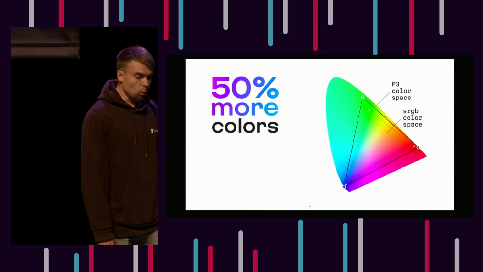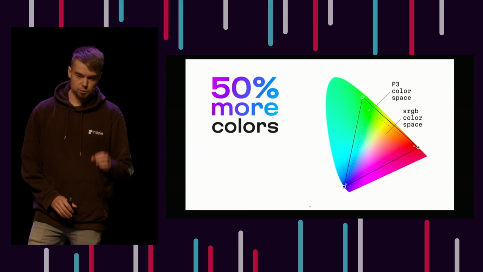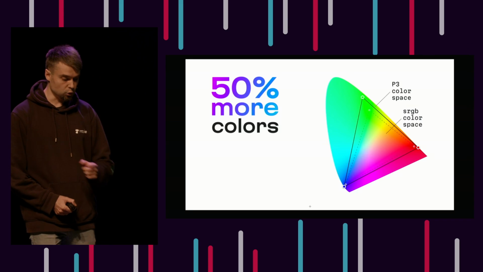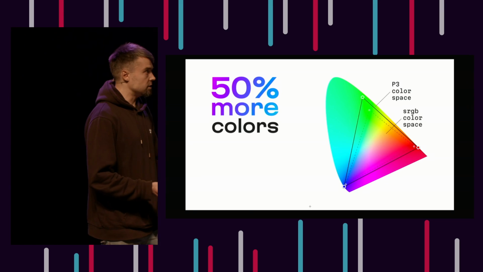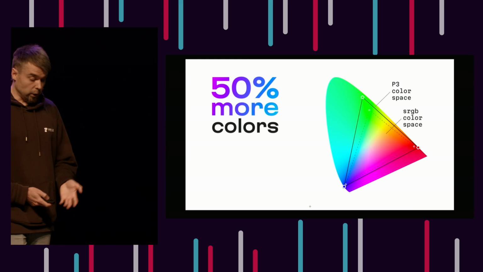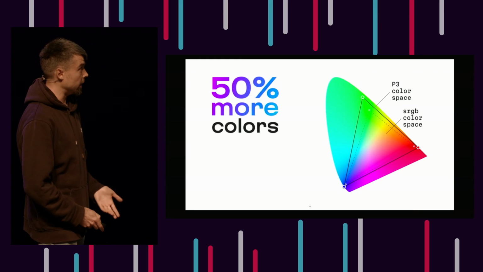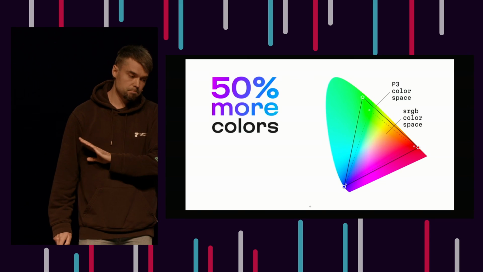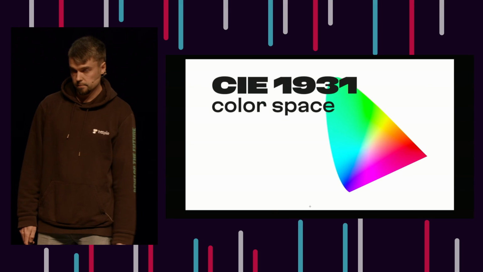The last thing that I wanted to talk about is the 50% more colors that I promised you if you switch to OKLCH today. Where do they come from and how is it even possible? Well, normally, without any conditions, the human eye can perceive many more colors than any display technology can offer.